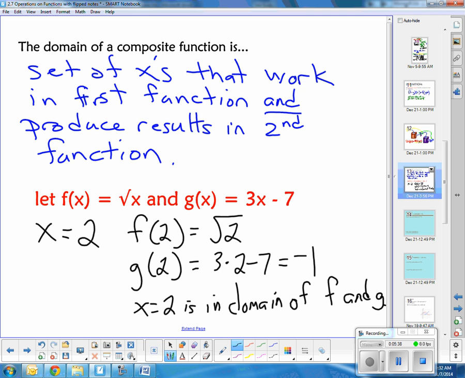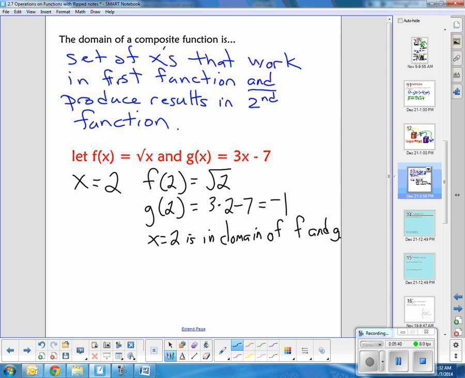But what I'm going to demonstrate in a moment is that while this is true, and I'm kind of jumping the gun here, x equals 2 is not in the domain of f open circle g.